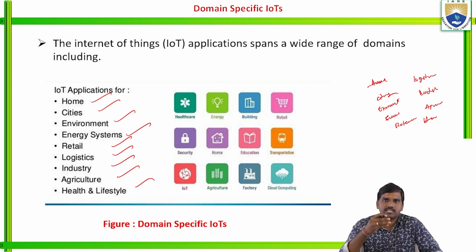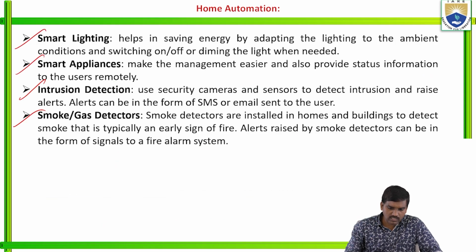And health and lifestyle, under the medical department, we have many monitoring systems available depending on the requirement. So this is the complete revision on the IoT levels and deployment models. These are the references I used for this lecture.